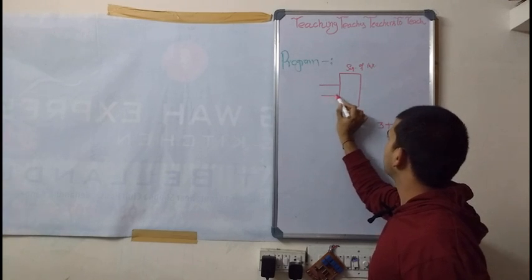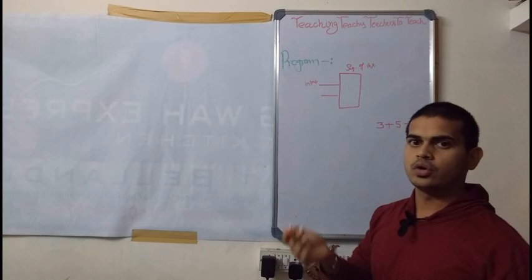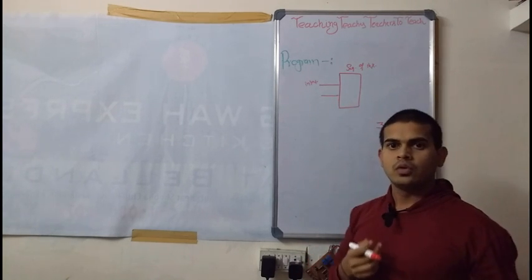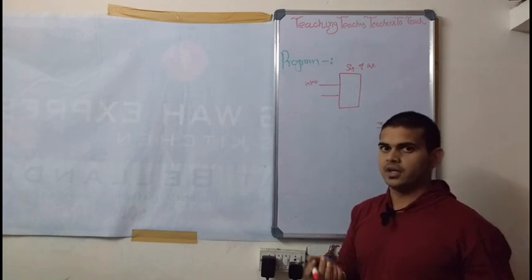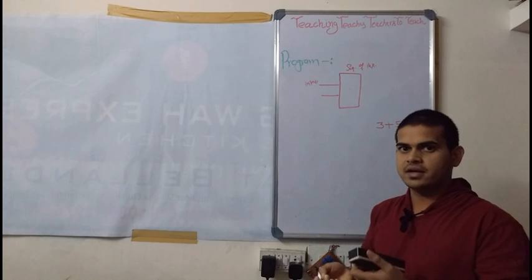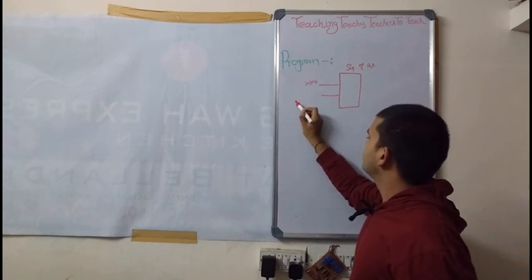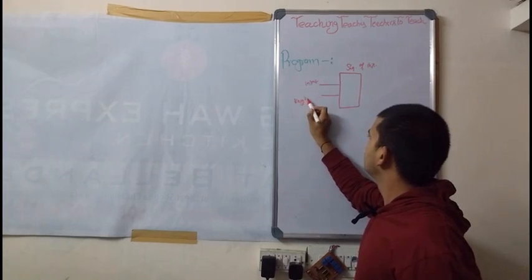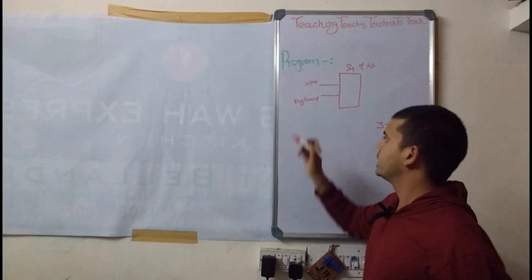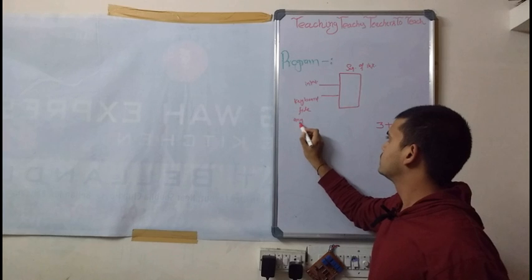First is input. So what is input? It is the time when the program needs something for performing the task, and on that it will perform the task. Input can be from a keyboard, a file, or any device.